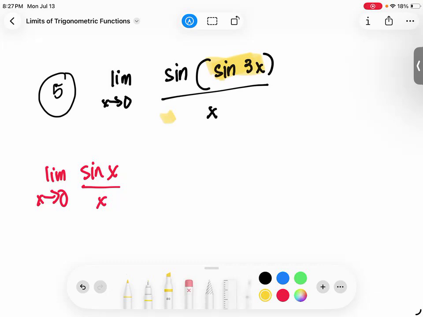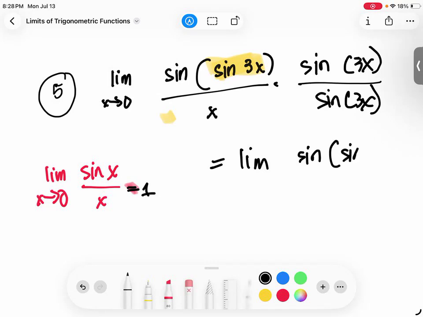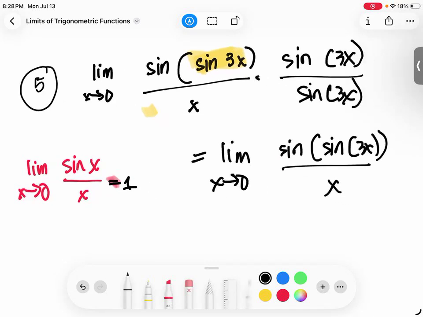But we have a problem. The denominator is not the same as the argument. So we will multiply what we need. What we need is a sine of 3x in the denominator. So you can write this as the limit of sine of 3x over x as x approaches 0 times sine of 3x over sine of 3x.